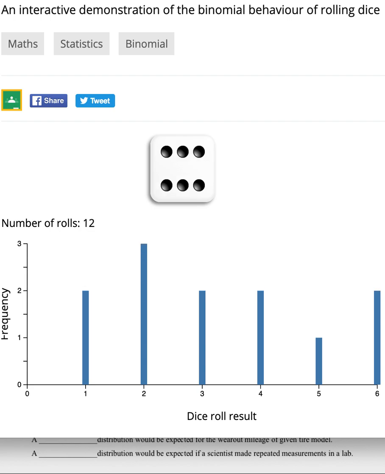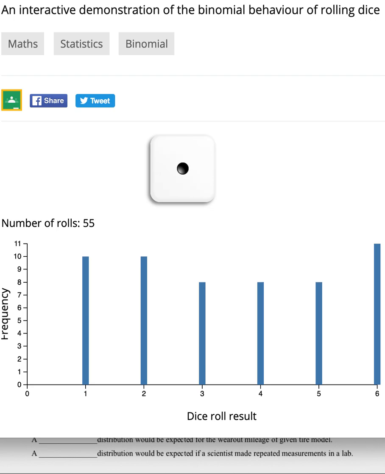And as we continue to roll, there are going to be more and more repeats. And you can see what's happening here over time is that eventually all the different numbers are going to occur many times. Okay, now I'm going to put it on automatic mode and let it continue on its own so that we can see what the bars are trending towards.